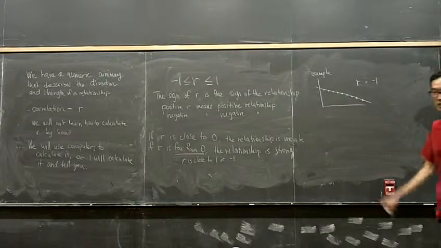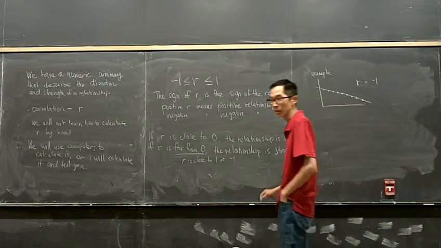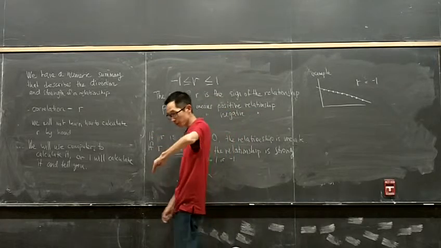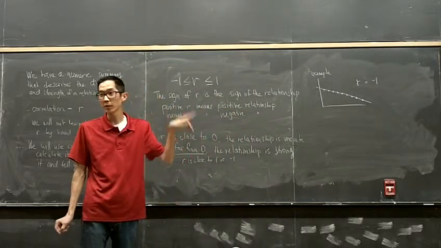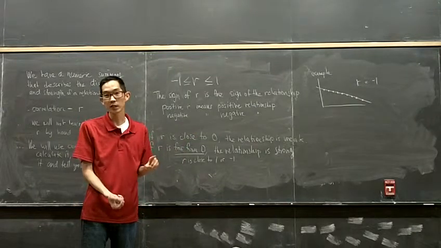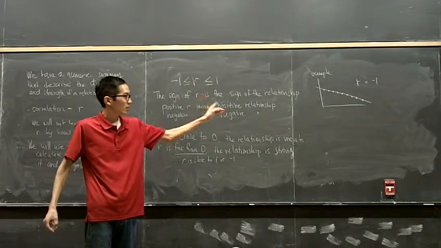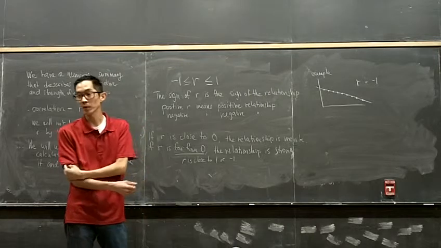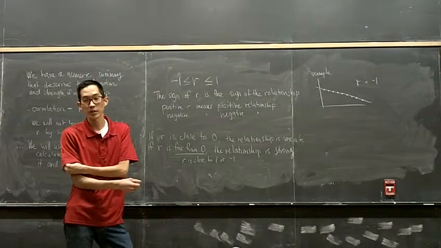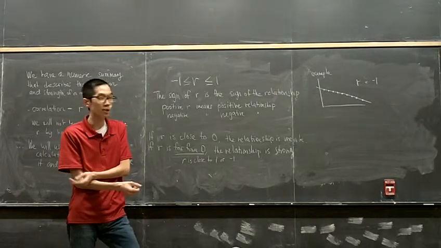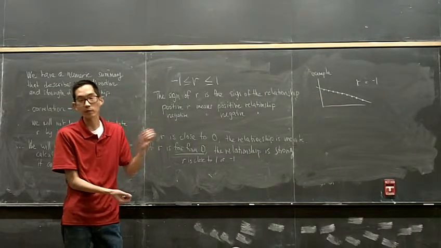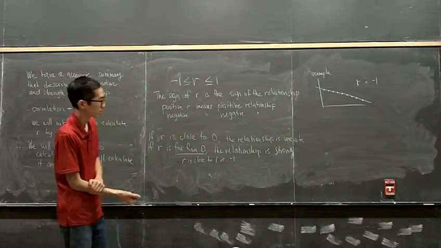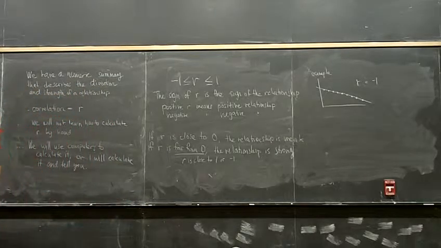Yeah, they're perfect, okay? Because they're perfectly on that line. So if I know the equation of the line, I can make perfect predictions about the other variable, okay? And it being negative, what does that mean? Negative relationship. So larger values of one variable correspond to smaller values of the other variable. Okay?